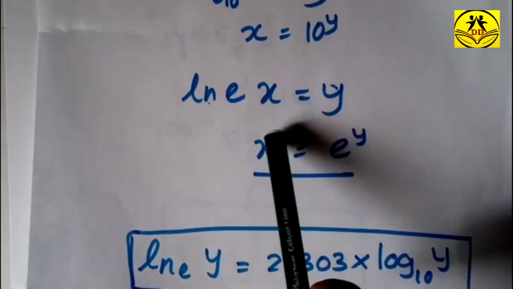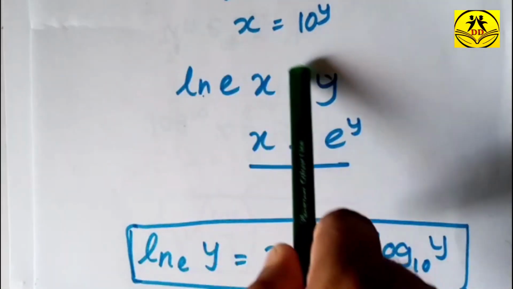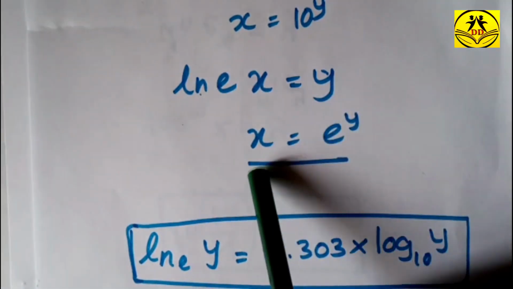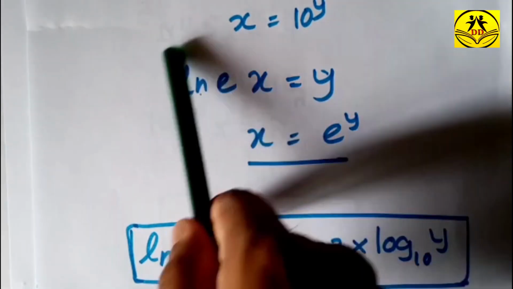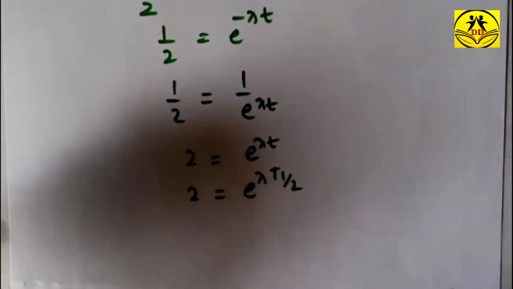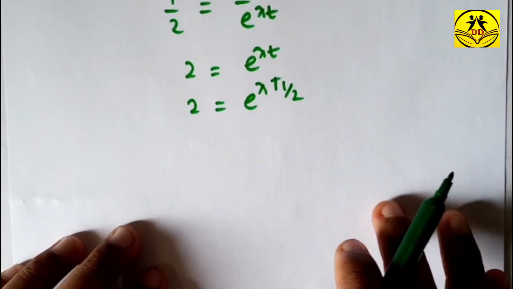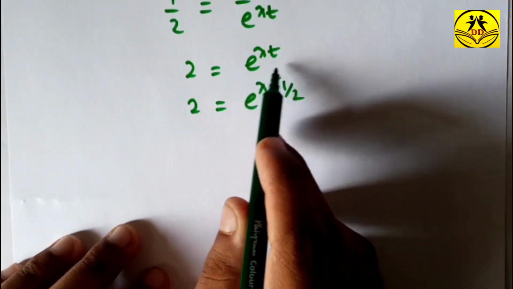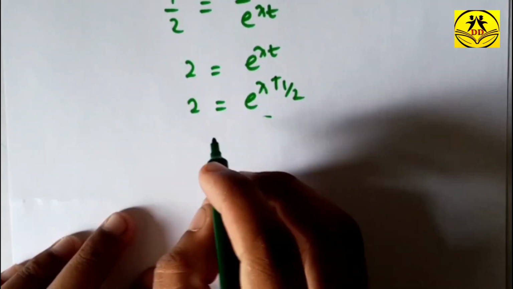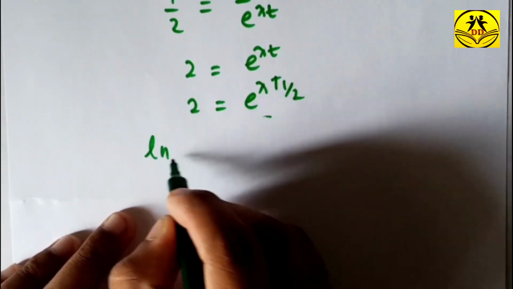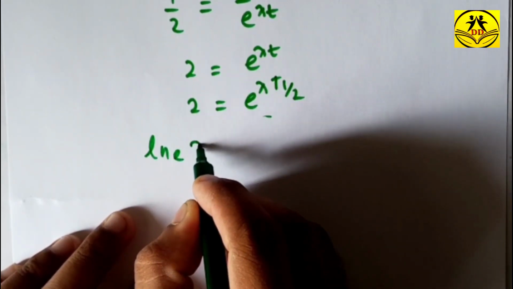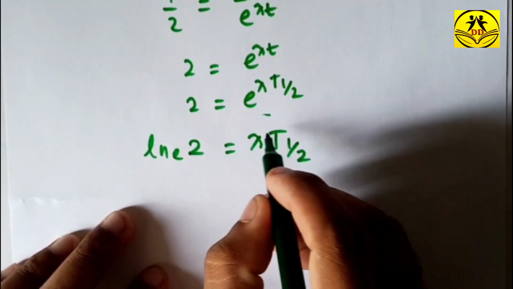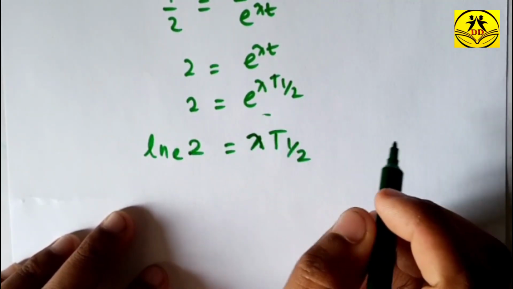So according to this equation, if the power of an e value can be represented like this, the power can be subjected, and this can be written in natural log form. So I'm going to do that: ln 2 will be equal to lambda into t half.